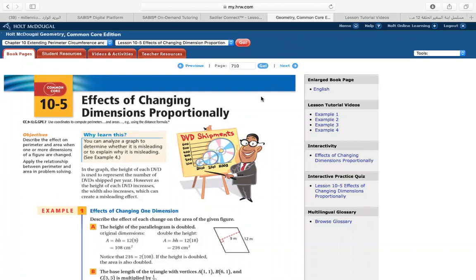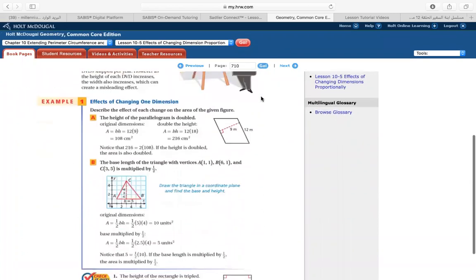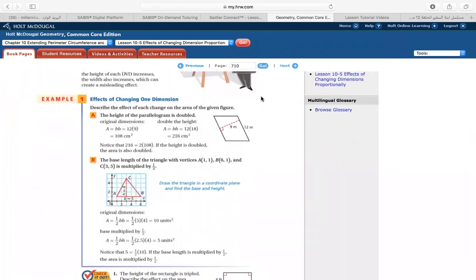So, first of all, you have to memorize all the formulas of areas and perimeters. Areas of squares, rectangles, trapezoids, circumference of circles, and all of those.